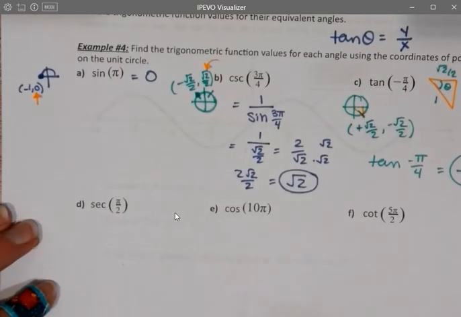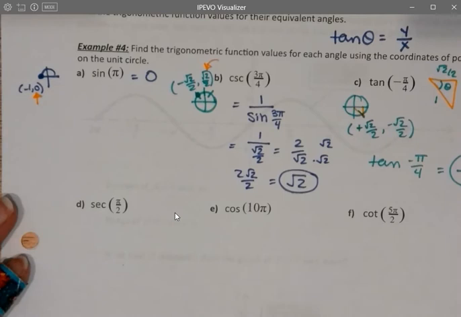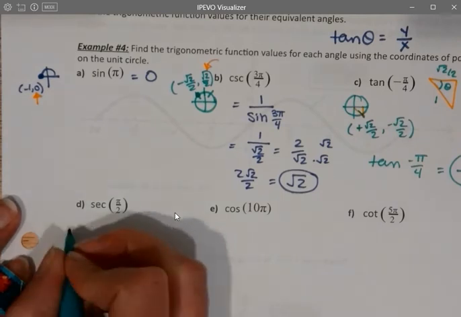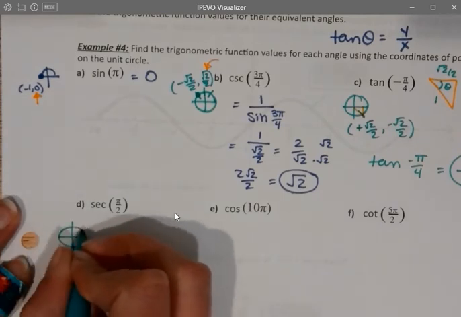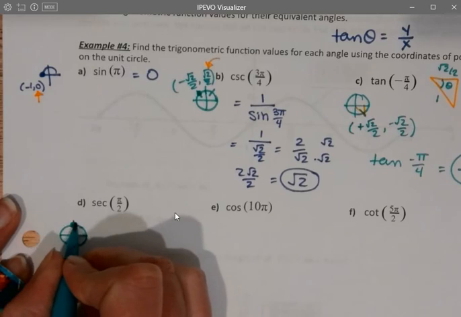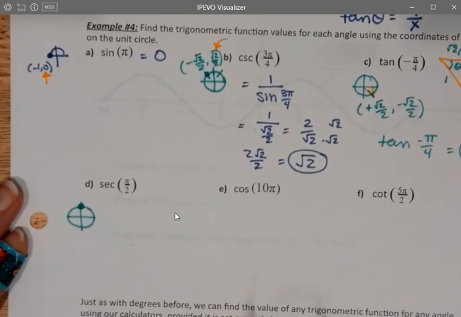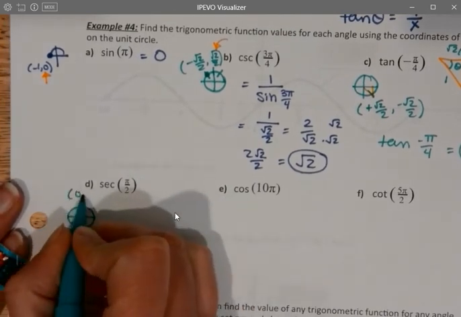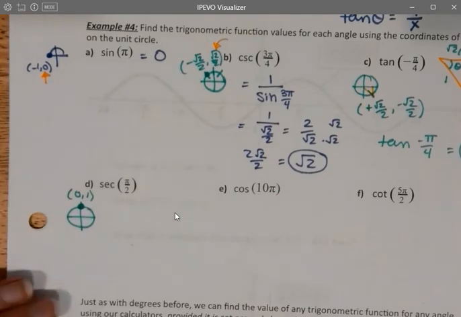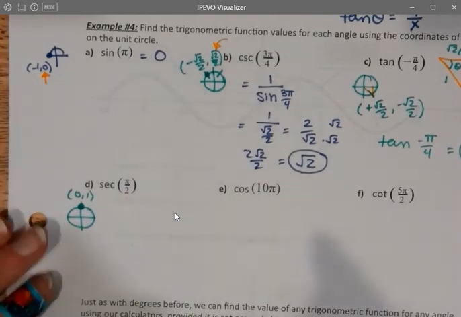All right, the secant of pi halves. I like to draw them first just because it's helping me practice my memorization here. So my unit circle, pi halves, that's up here. Okay, and the ordered pair for pi halves is going to be 0, 1. Now I don't know secant in terms of this, so I like to memorize its reciprocal function.